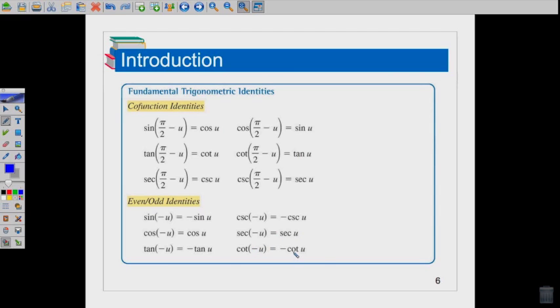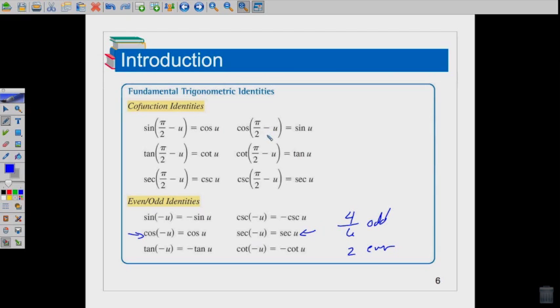And cotangent is odd. I mentioned a lot earlier in the year that of the 6, 4 are odd, and only 2 are even, and those 2 are secant and cosine. Those 2 go together, being even.